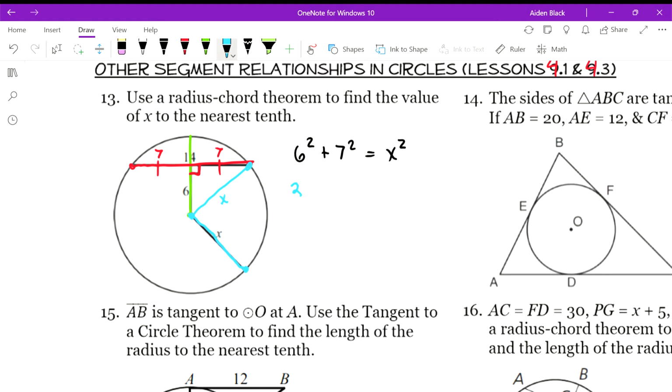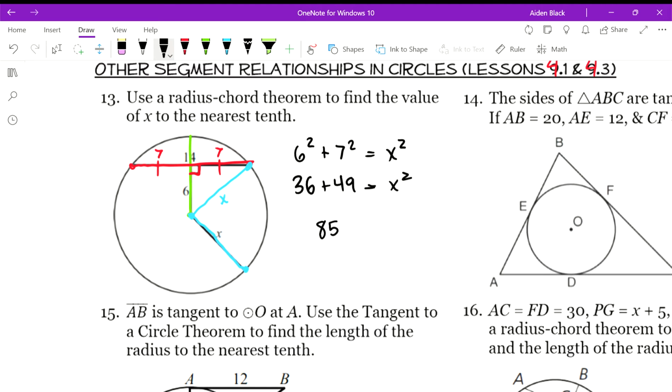So to evaluate this, we get 36 plus 49 equals x squared. 36 plus 49, that's 55 plus 40, 95? Not doing that right, that's 85.